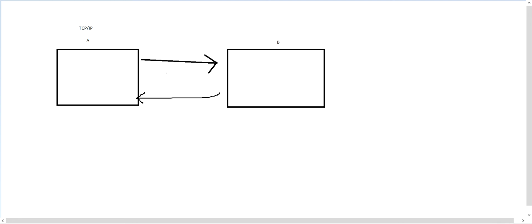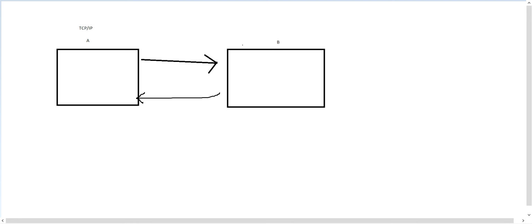Now, what does this have to do with protocols or the rules that I just showed you? Well, you just witnessed a protocol. The rule for getting information is that if computer A wants to get data from computer B, computer A must first request the information.